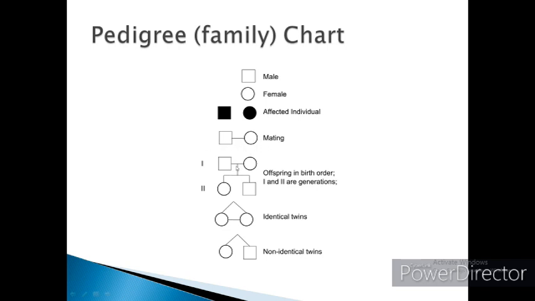And this is a mating, so this is a father and this is a mother and this is a child, that is a female child, a daughter, and this is a son. Then this means identical twins, and if it is like this, with nothing connecting, then this is non-identical twins.